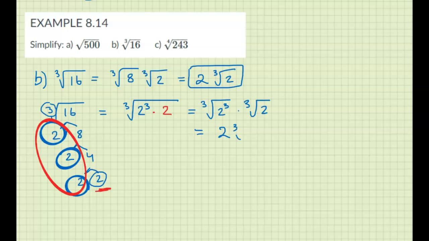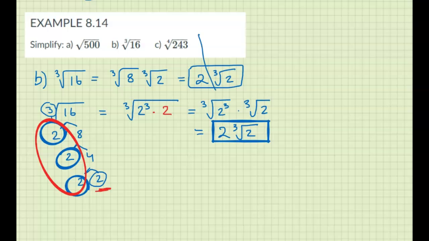But this one will not simplify anymore. So this is our final answer. Okay, so again, you should get the same answer. This is a quicker way. This is a more extensive way, but really useful if you can't see right away how your number breaks up into a perfect cube times something else.